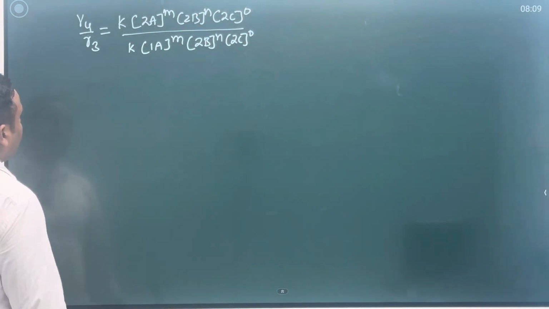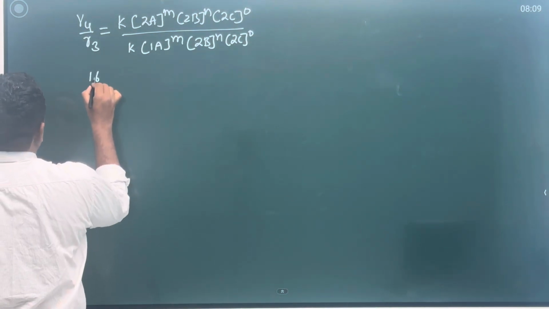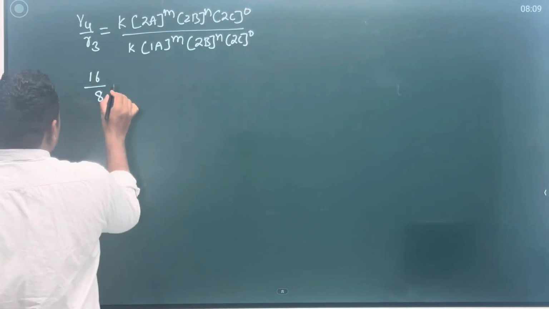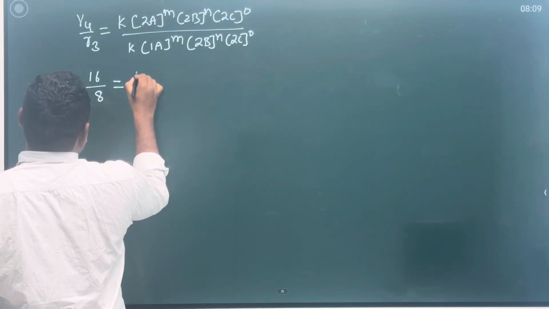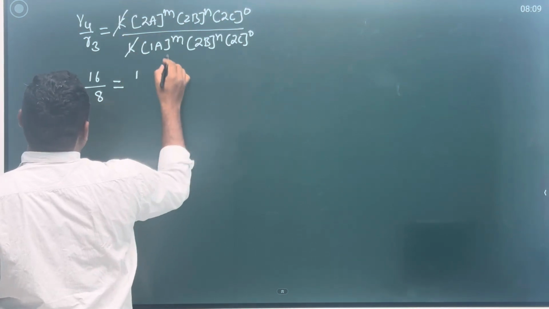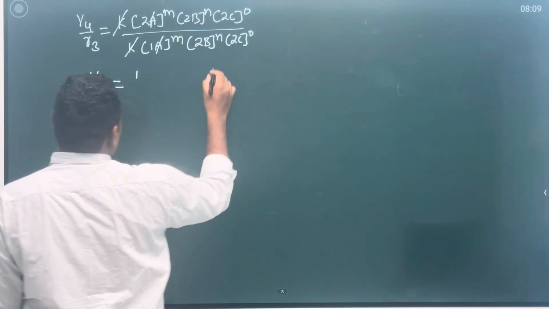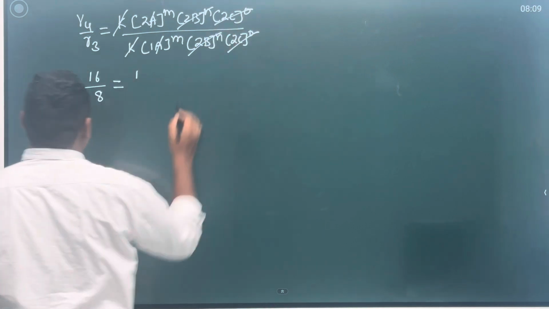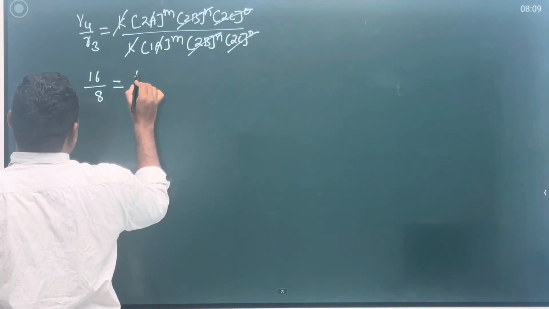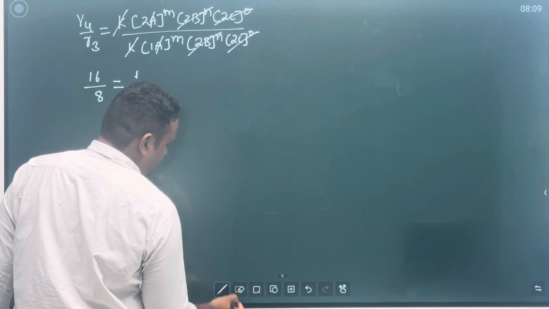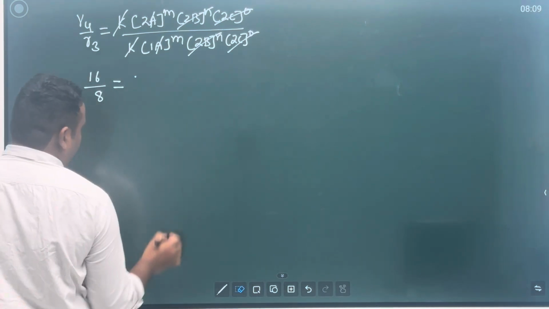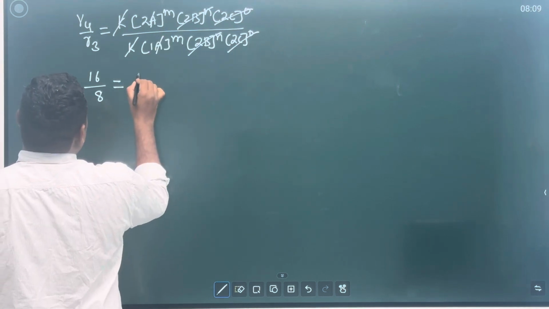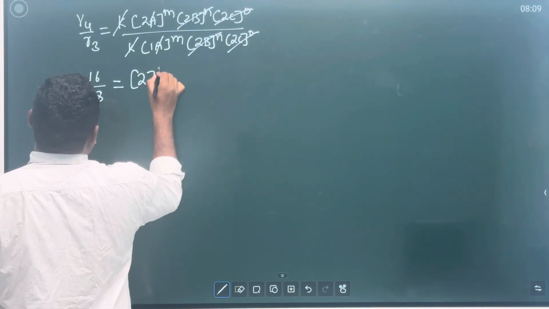Now what is R4? 16, and R3 is 8. So here k will get cancelled out, a and a also, 2b power n and 2b power n will get cancelled out, 2c power o and 2c power o will get cancelled out. What you get finally is 2 power m.